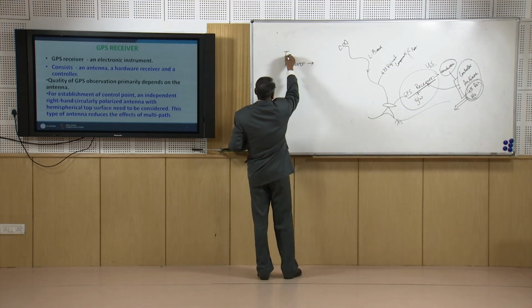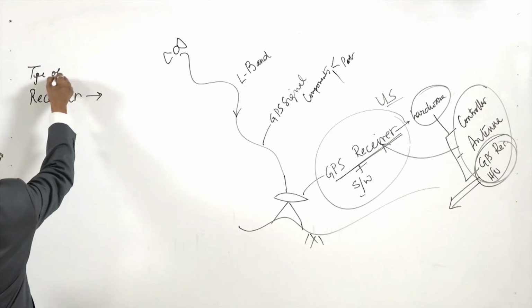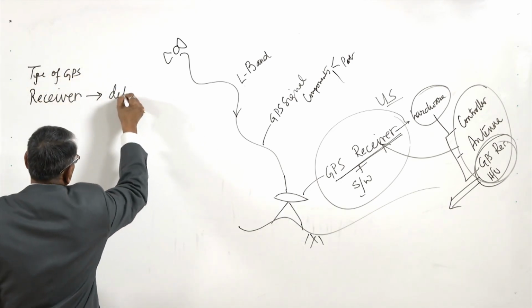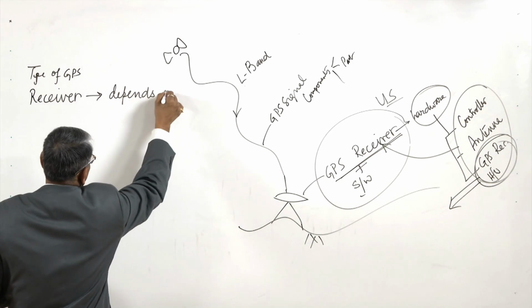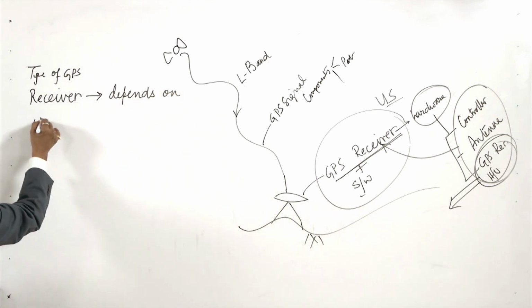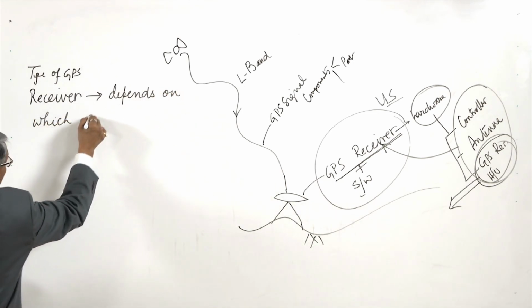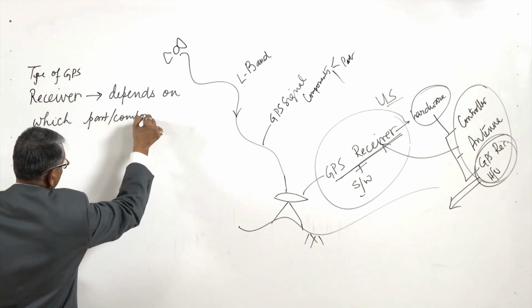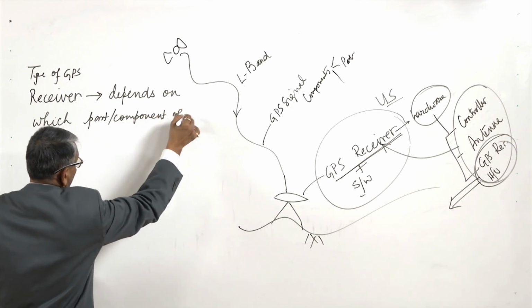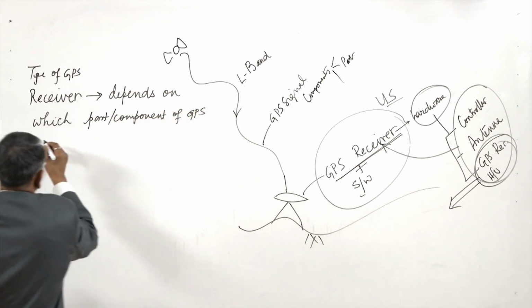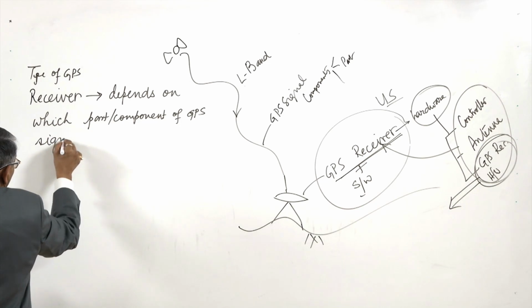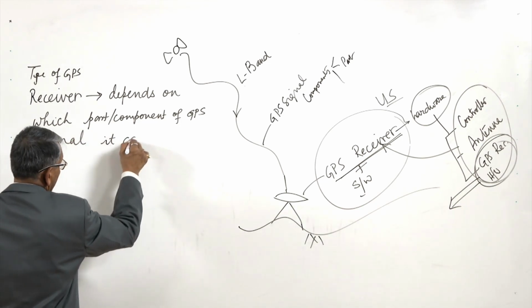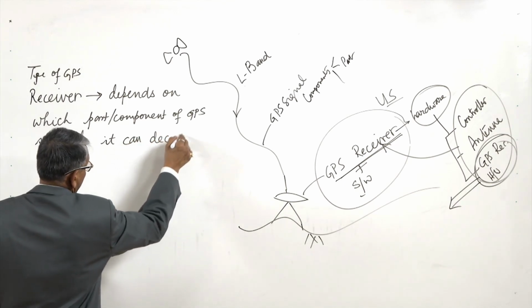So the type of GPS receiver depends on which part or component of the GPS signal it can decipher.